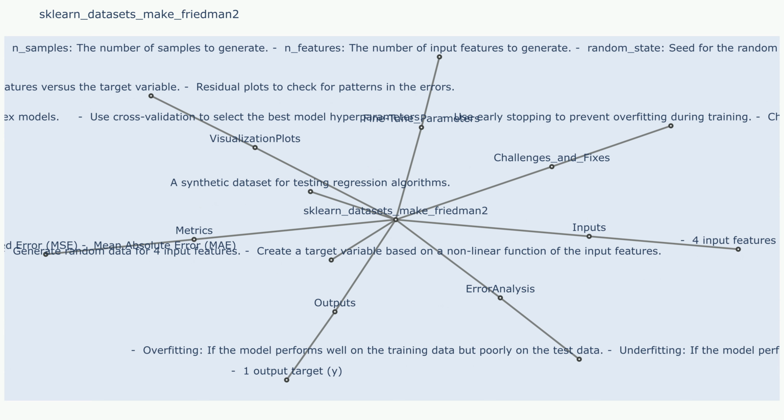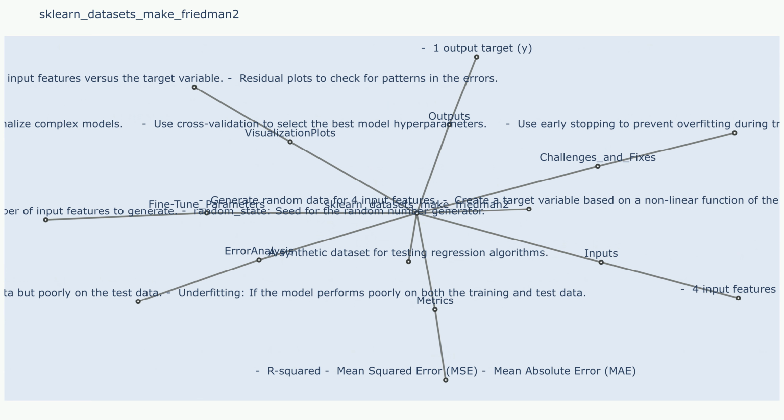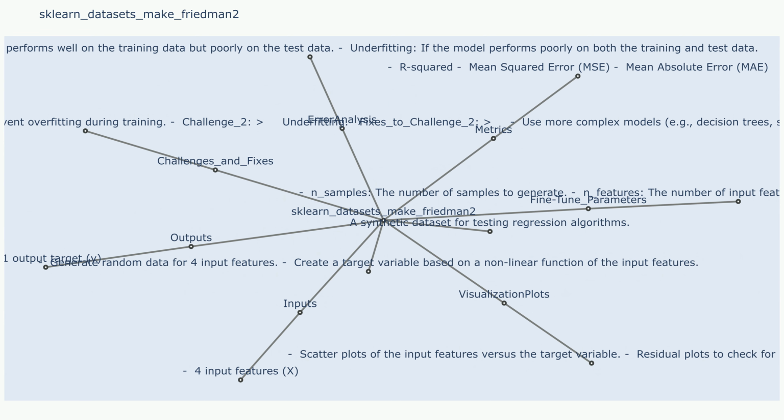Steps. The function first generates random samples from a uniform distribution. Then, it calculates the target variable y based on a nonlinear function involving the input features X. This function is designed to introduce nonlinearity and complexity into the data. Metrics.